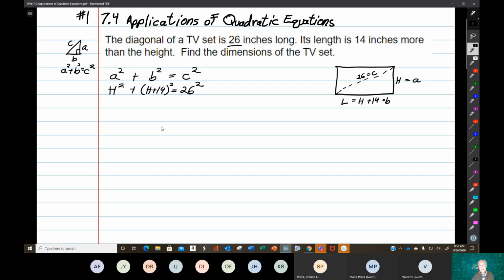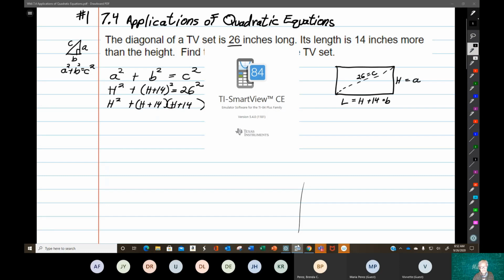So you can see that you're going to need your calculator, right? What are you going to do? So h squared plus (h plus 14) times (h plus 14) equals, whoop, here comes the calculator.